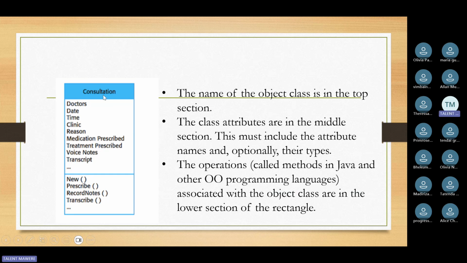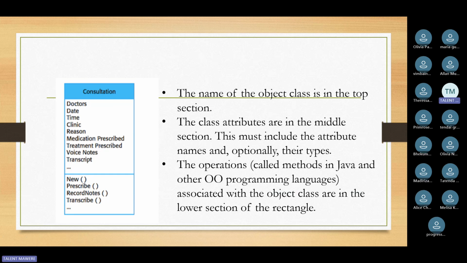So it becomes so much easier when someone is writing or implementing code. They know what attributes to consider. If they are designing a table to store all these records, they know exactly how many rows they are supposed to include for the class consultation.